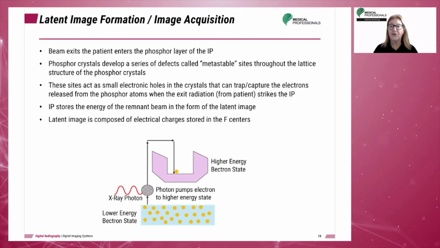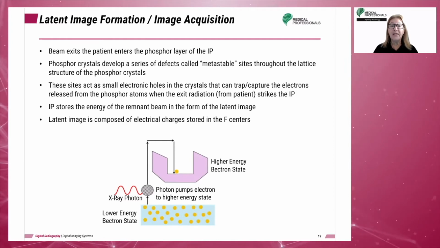The phosphor crystals develop defects called metastable sites, F centers, or farbzentrum, or color centers. These F centers are small electronic holes that trap or capture the electrons released from the phosphor atom.